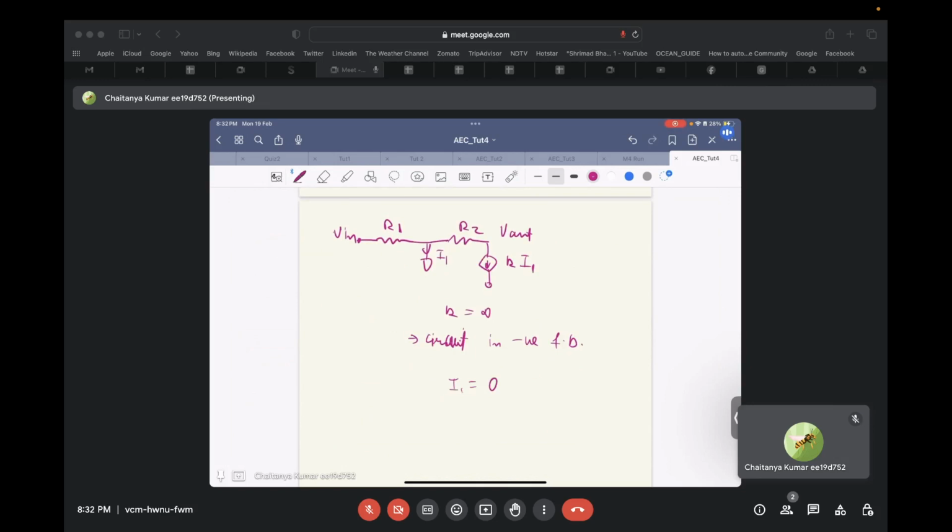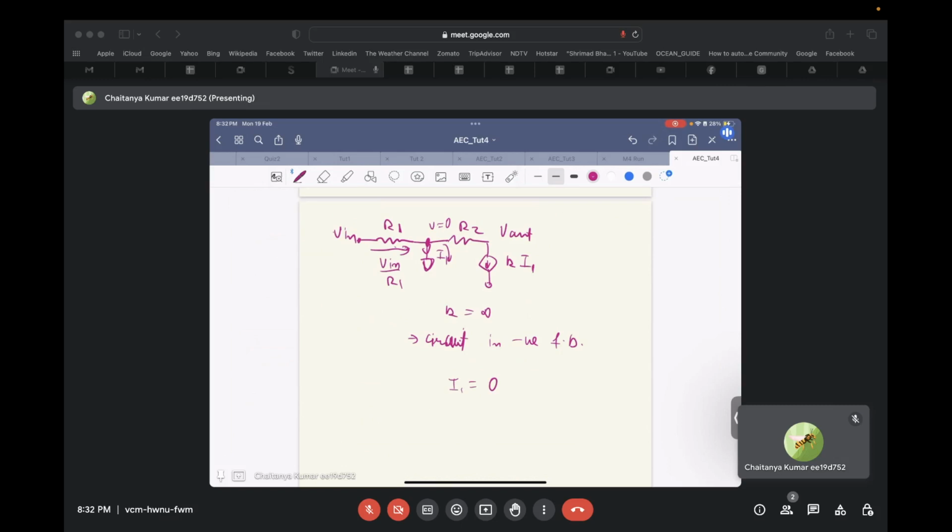Since this voltage is equal to 0, the current flowing through R1 will still be Vin by R1. Since I1 is 0, no current can flow inside this node.